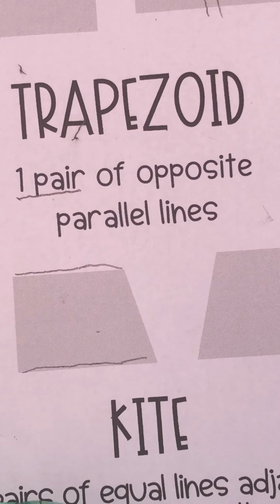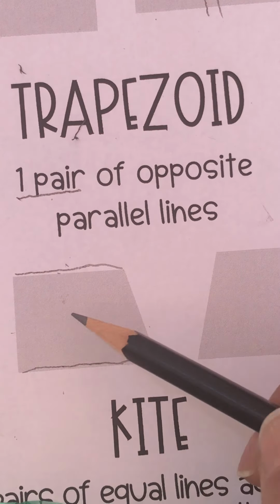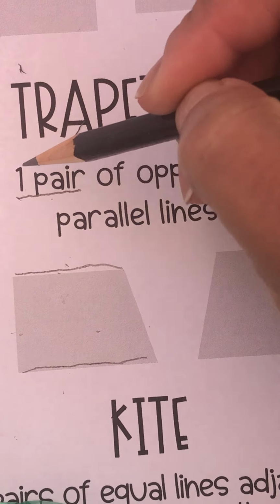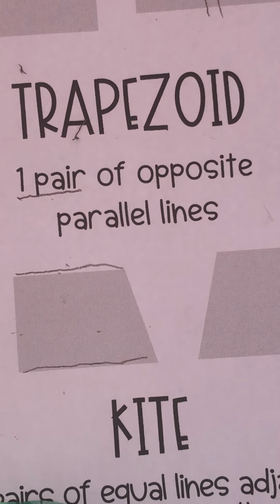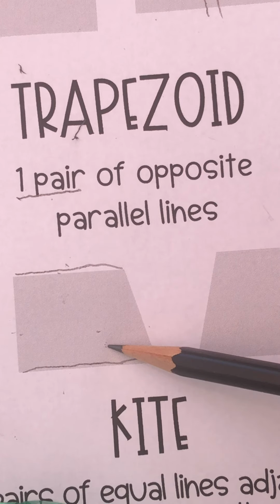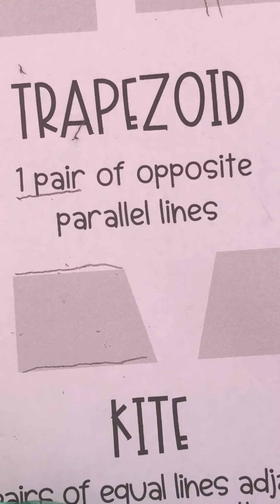They're never going to cross, they're never going to touch, and that's only one pair. These two you can't count, because if this line keeps going on forever in that direction and this one keeps going up in that direction, they're eventually going to touch each other. So for this particular figure, this quadrilateral, you only have one pair of parallel lines.